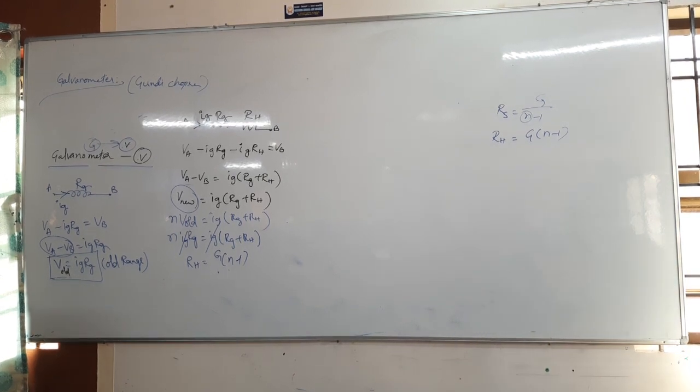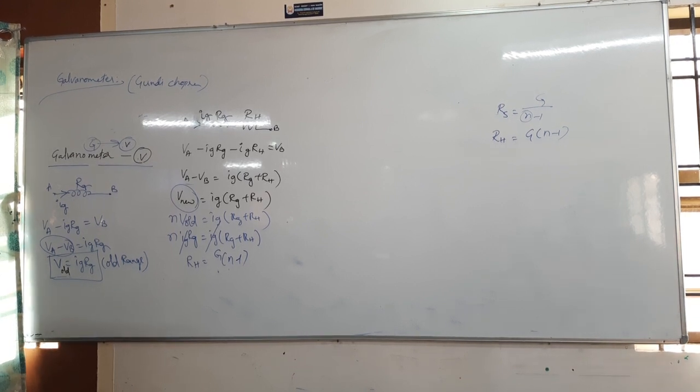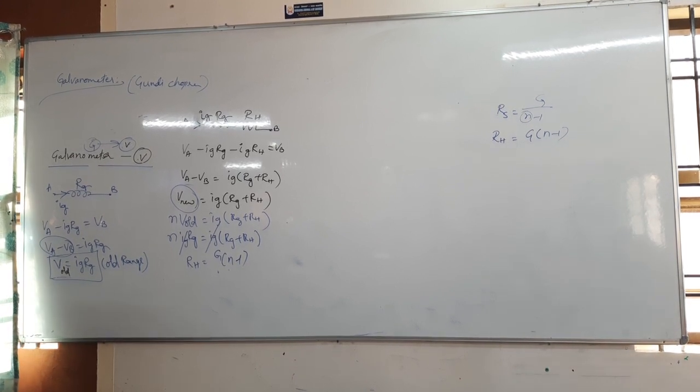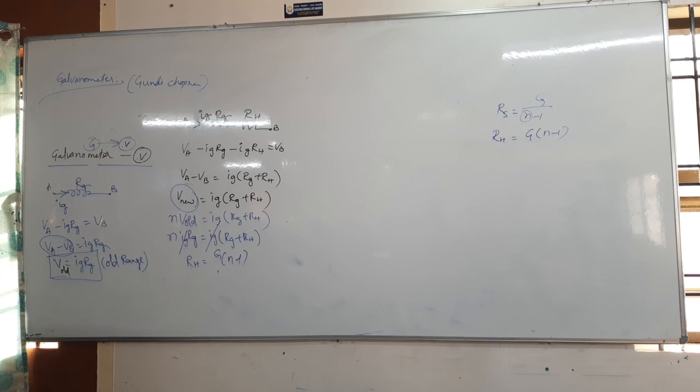To read a maximum of 30 volts with this meter, find the required series resistance.